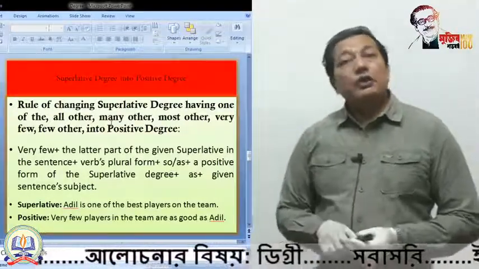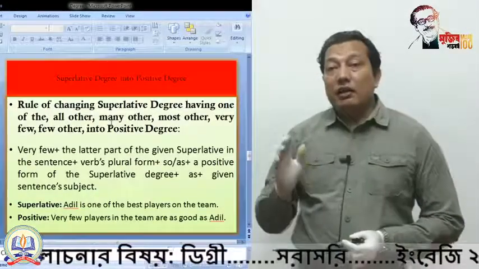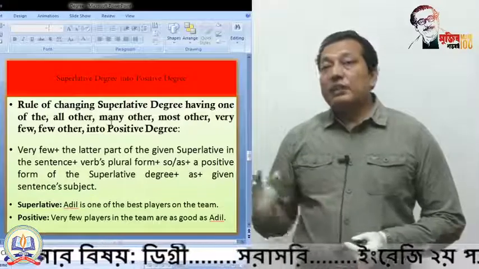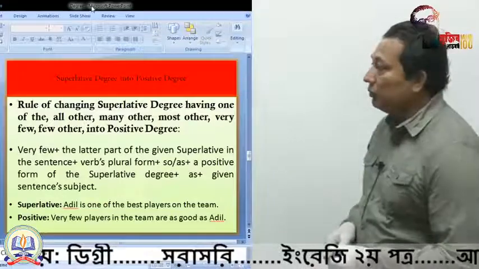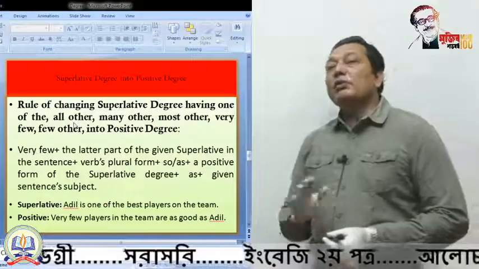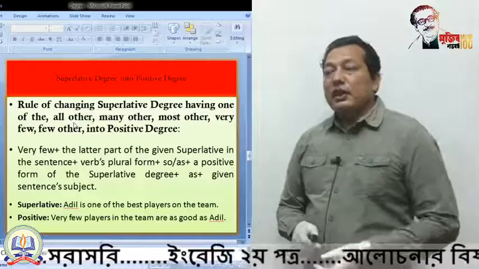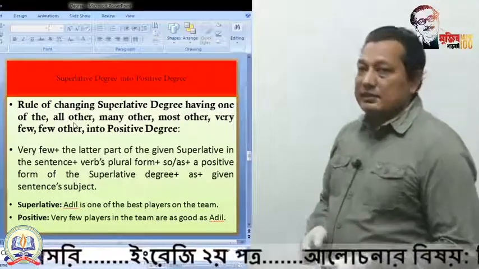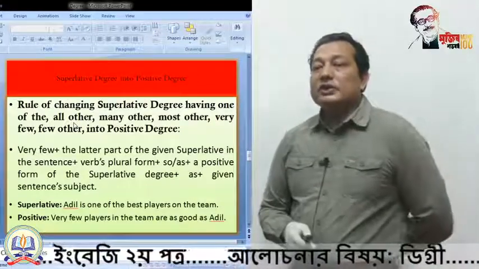At first you have to use "very few." Then the later part of the given superlative sentence, that means the rest part after the verb. Then the verb's plural form, that means when you use "very few," of course you have to use the plural form of the verb. Plus "so" or "as," plus the positive form of the superlative degree, and plus "as," plus the given sentence's subject. Like Adil is one of the best players on the team.